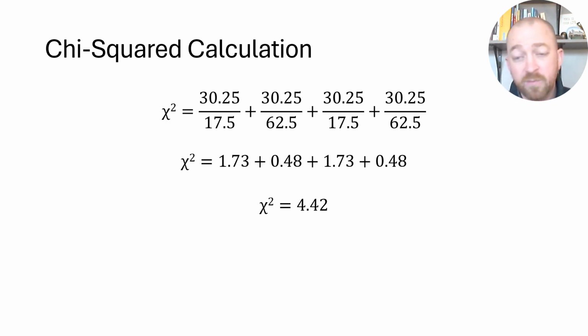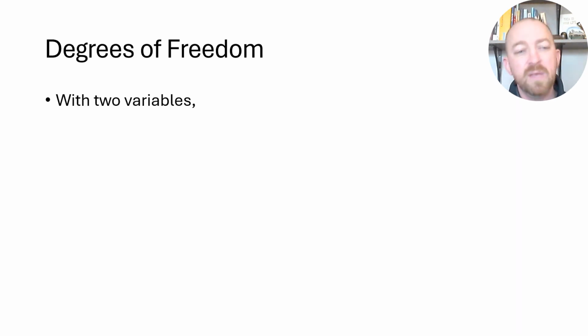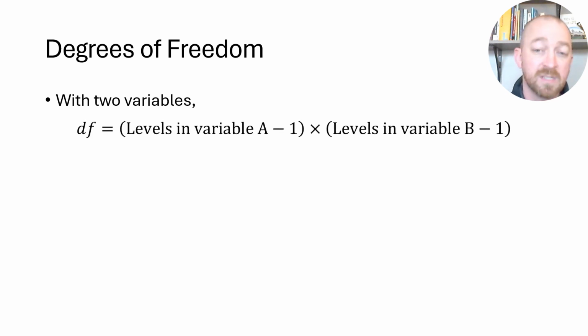Now of course, hopefully you know the drill at this point if you've been following these videos in sequence. We need to find the degrees of freedom. Now when we have two variables, this is different from the one variable chi-squared. When we have two variables, this is how we calculate the degrees of freedom. We take the number of levels that there were in one of the variables and subtract 1. We multiply that then by the number of levels in the other variable minus 1 in parentheses, as you can see.